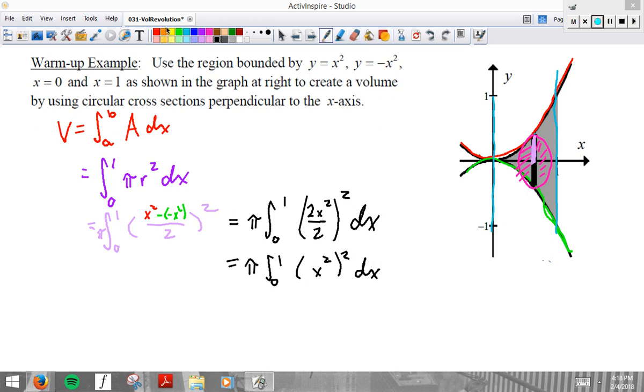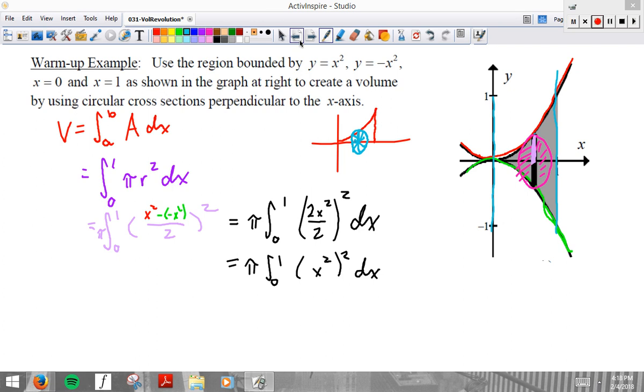So, what am I talking about? I'm saying we would have gotten the same shape by looking at the square function, x squared, taking a representative rectangle and revolving that rectangle around the x-axis, making a disc type shape.